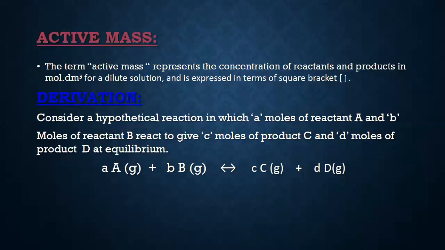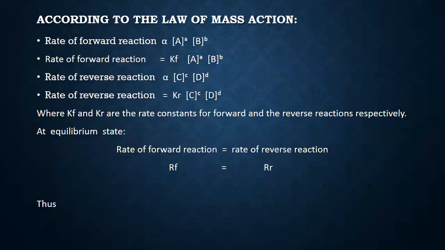Here, the chemical equation is written: A reacts with B and produces products C plus D, and the products again decompose and the backward reaction starts, and the products produce reactants A and B again. This reaction consists of two reactions, forward and reverse reaction.